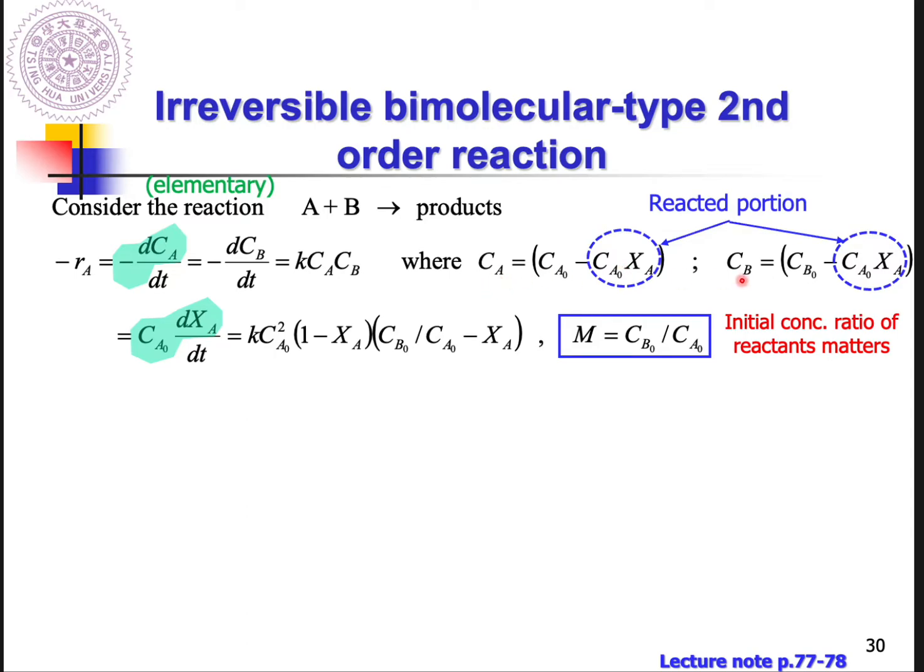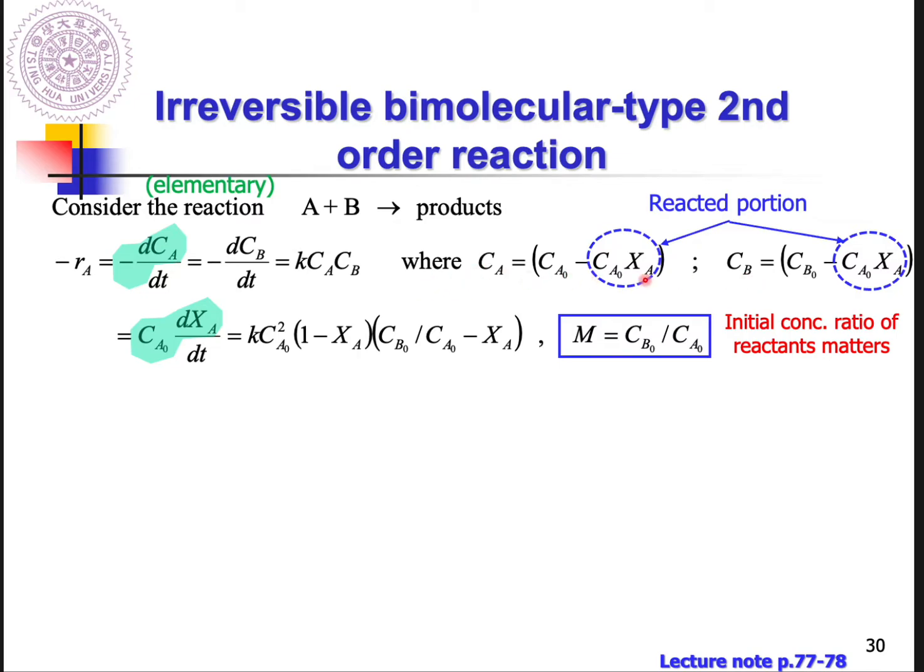And CB, how to express the CB? CB is CB0, the concentration of reactant B at time 0, minus the reacted portion. And for this reacted portion, we know we consume 1 A and also 1 B, so we use the same expression as this one. So we got the expressions for CA and CB.